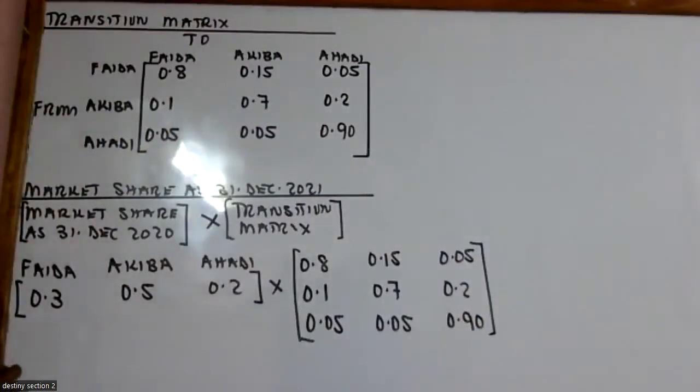So the answer you will get when you multiply, the top one will be Faida. So multiply and give me the answer.